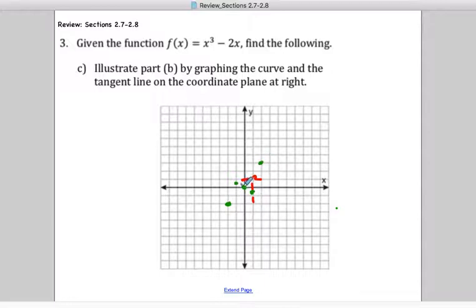So it looks like my curve right here, something like this. And then we're supposed to be sketching our tangent line on there as well, and our tangent line was y equals 10x minus 16. So I'm going to plot my y-intercept of negative 16. Remember, I'm counting by 2's.